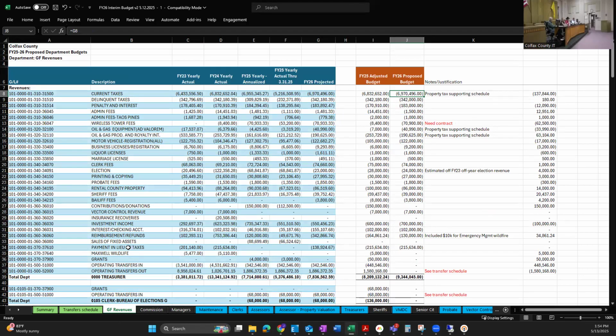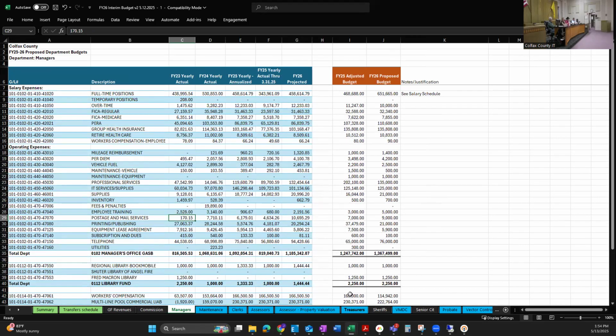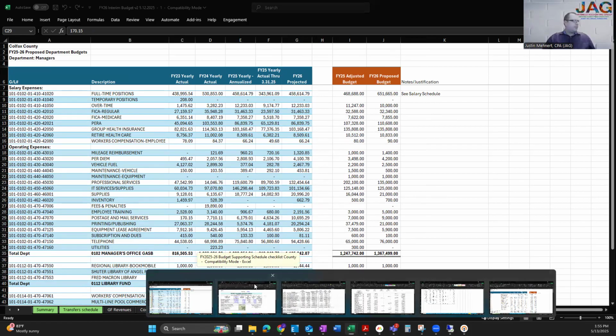So Justin, I do see that we have the indigent care in the managers tab. That position is no longer within our department. That's within the jails. Yeah, I'll take note to get that fixed.